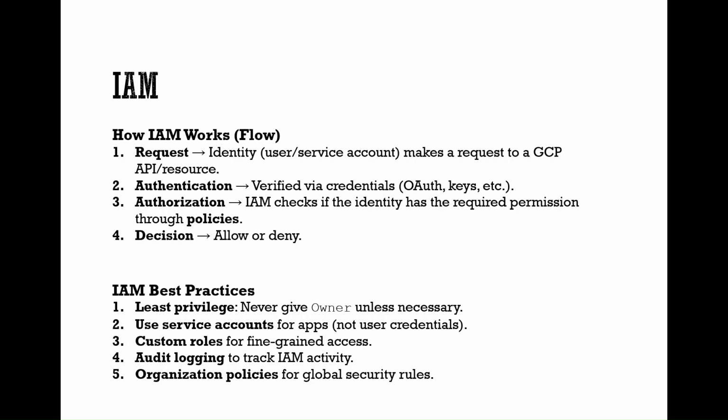You cannot just make someone an admin. We make someone owner only whenever it's required. Maybe you can provide the access of viewer. That's not a big deal, but you cannot give an admin role to any identity. So always try to give the least privilege roles to any identity.